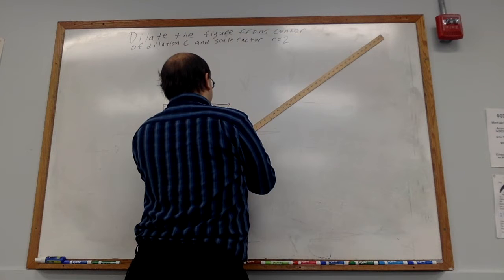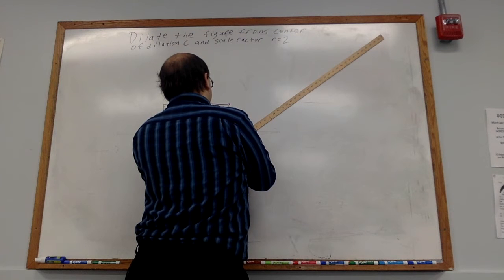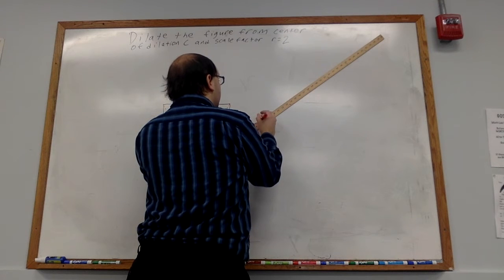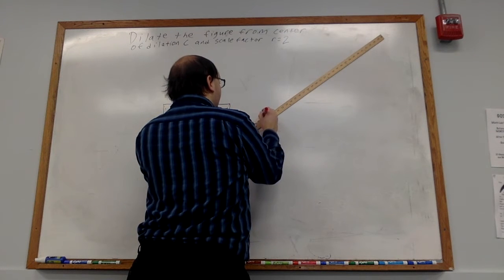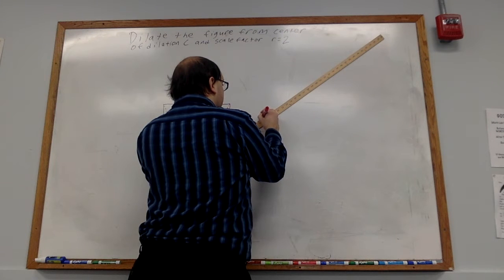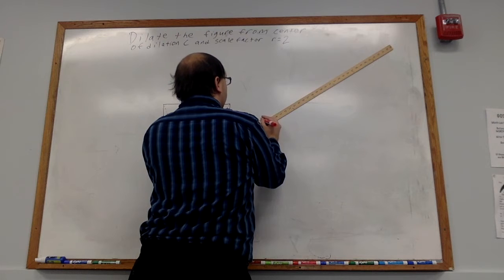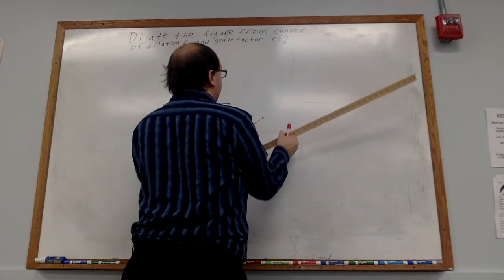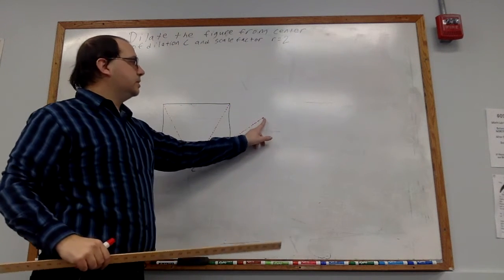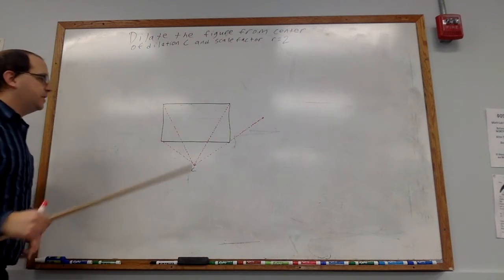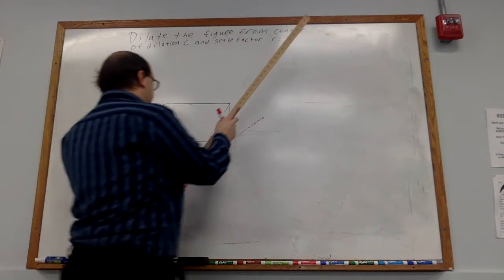You want to make sure that your ruler will continue to go in the same direction. So here's the point from the first vertex, and then we do that for all the rest.